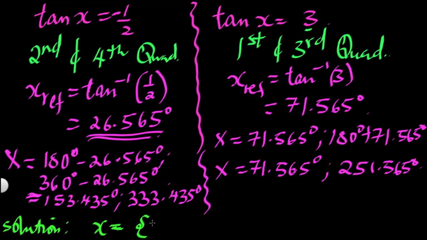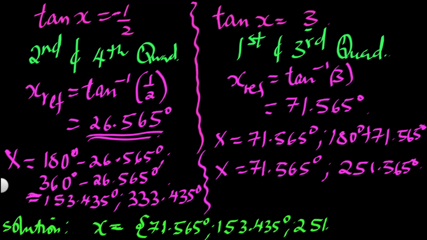So I'll start with 71.565 degrees, followed by 153.435 degrees, followed by 251.565 degrees, and then the last one is 333.435 degrees.